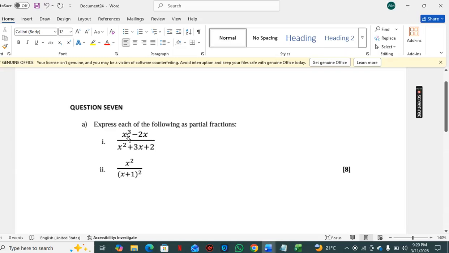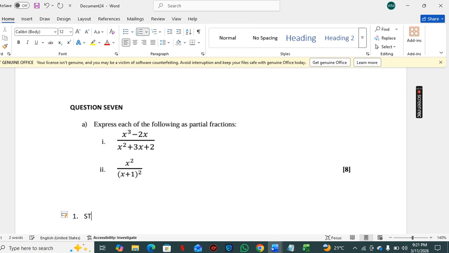Number 1, x cubed minus 2x over x squared plus 3x plus 2. Okay, so the first thing, step number 1, determine if you're dealing with proper or improper fractions.